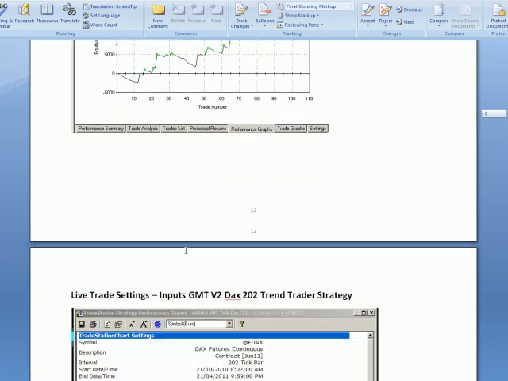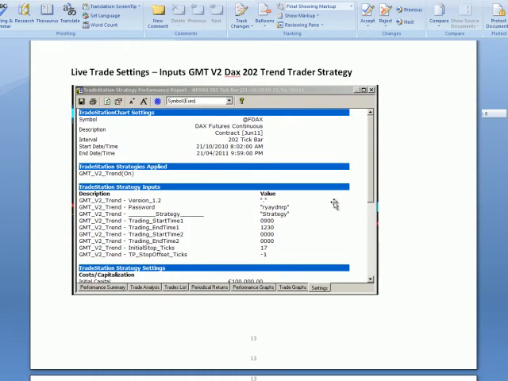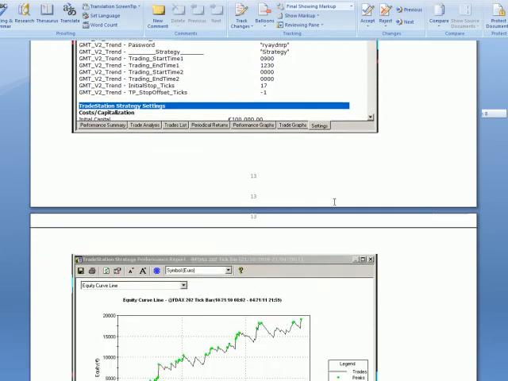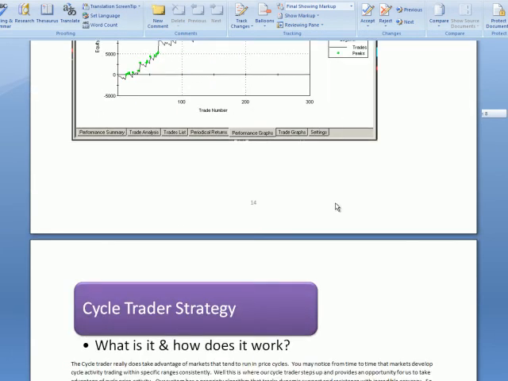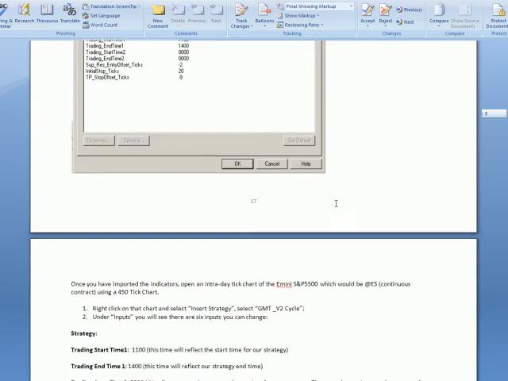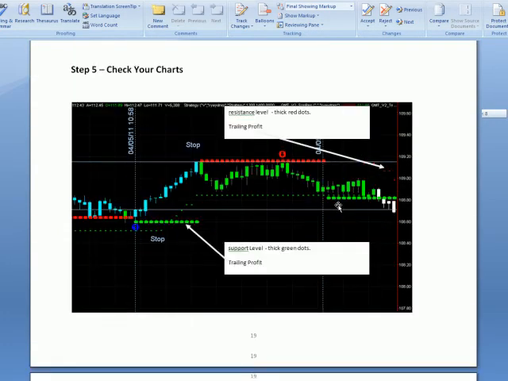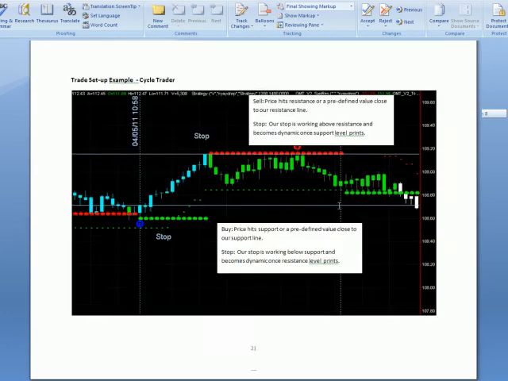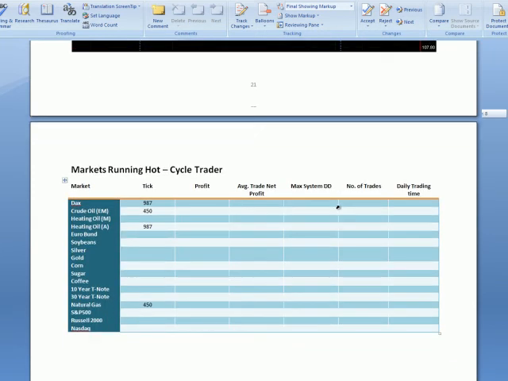And you'll see down here that we've actually got an area that we've picked up. Let me just quickly go down here. You'll see that we've got our table of what markets are running hot.